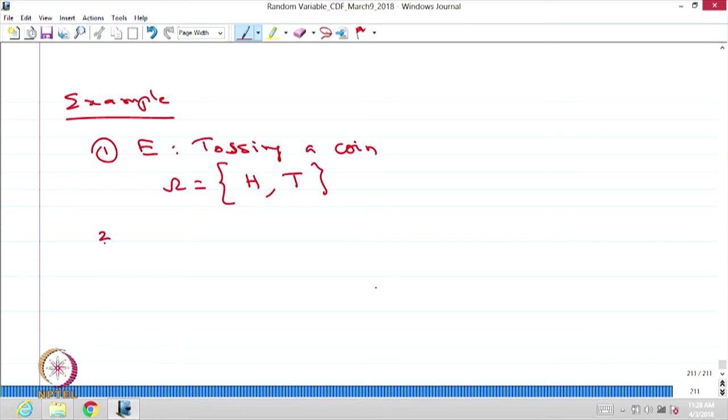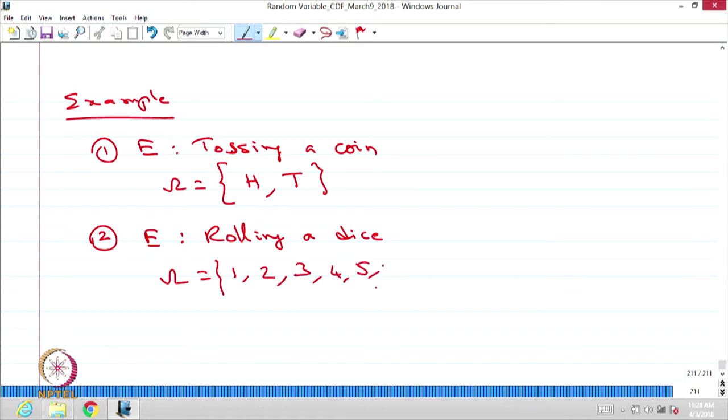Let us go for another example. The random experiment is rolling a dice. Here, for all possible outcomes, each side shows a number, so I am going to get either the number 1, or 2, or 3, or 4, or 5, or 6.